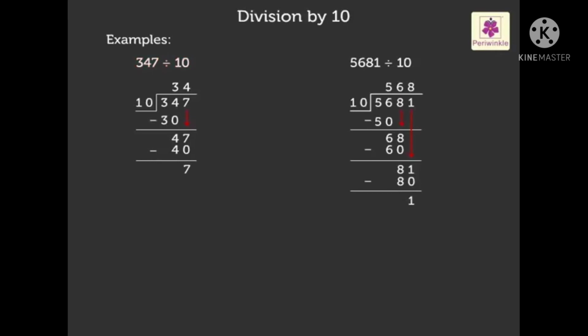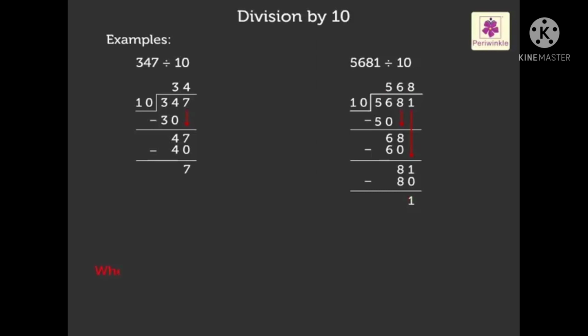Here we got the quotient as 34 and remainder as 7. Now look at the second example. 5,681 divided by 10. Here we got the quotient as 568 and remainder as 1.